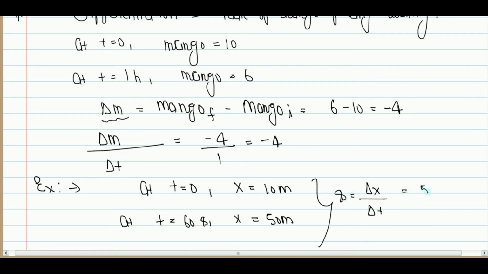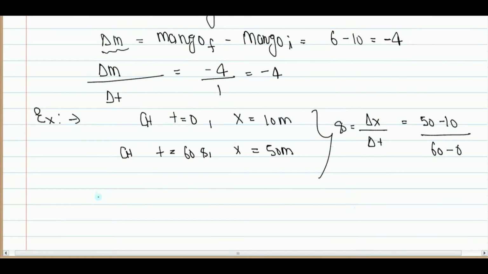So it is 50 minus 10 divided by 60 minus 0, which equals 40 by 60 meter per second, that is 2 by 3 meter per second. This is the speed of the person.